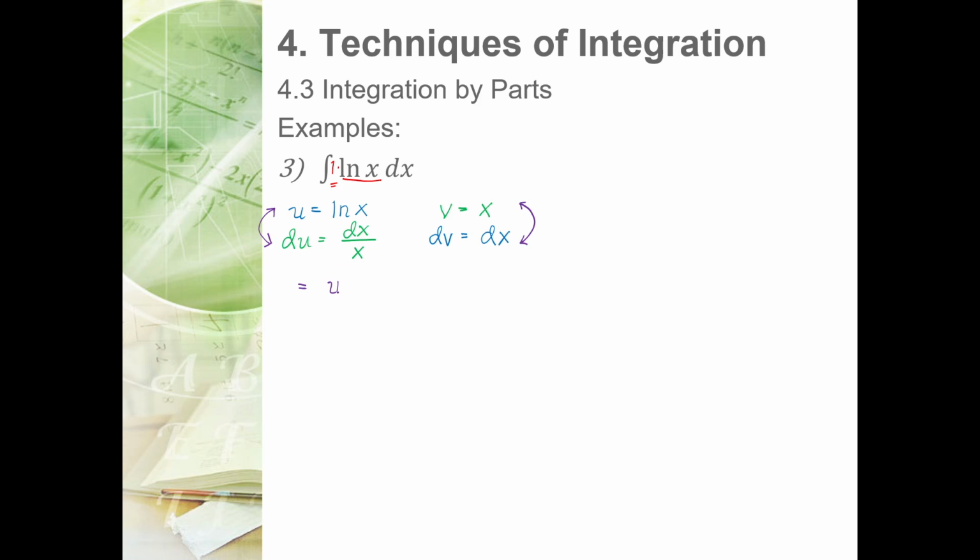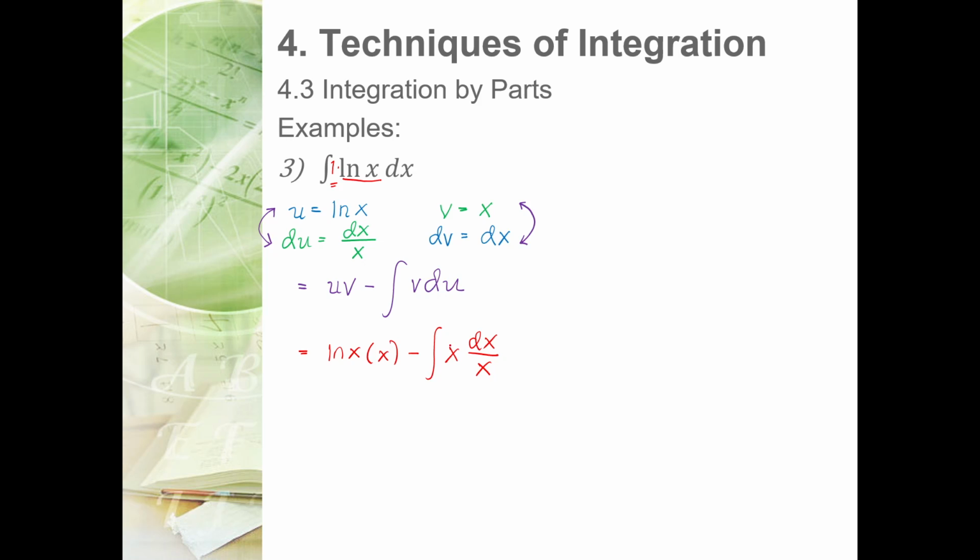So using the formula uv minus the integral of v du. u is ln x times x, minus the integral of v du: x, and then du is dx over x.